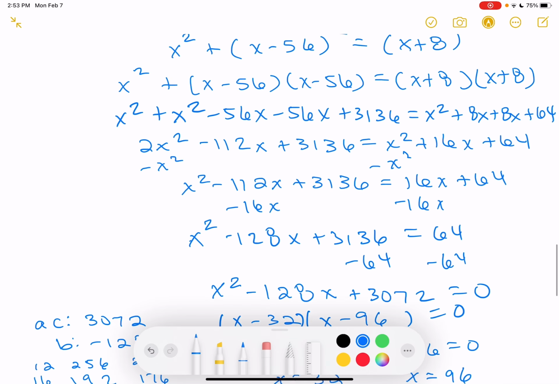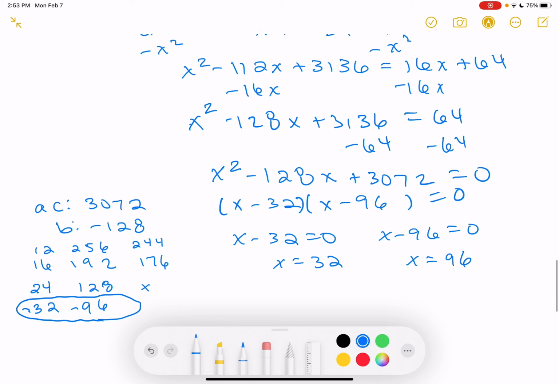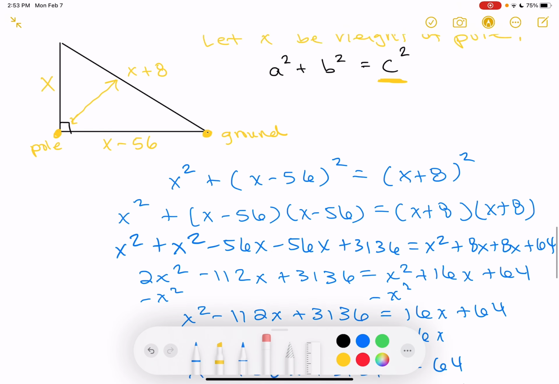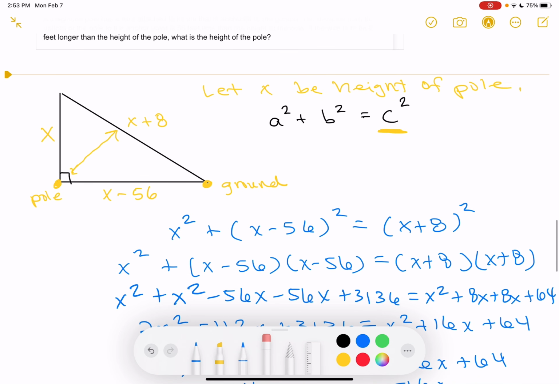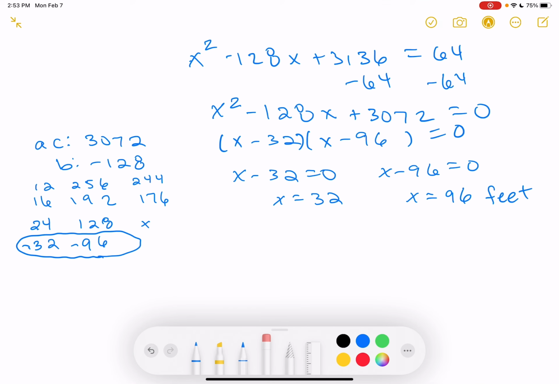And let me scroll up. I think we were talking about feet. Yes. But let's go make sure they both make sense. Okay, because remember, the distance from the pole to the ground anchor, that's 56 feet less than the pole. So if it's 56 feet less than the pole, can it be x equals 32?